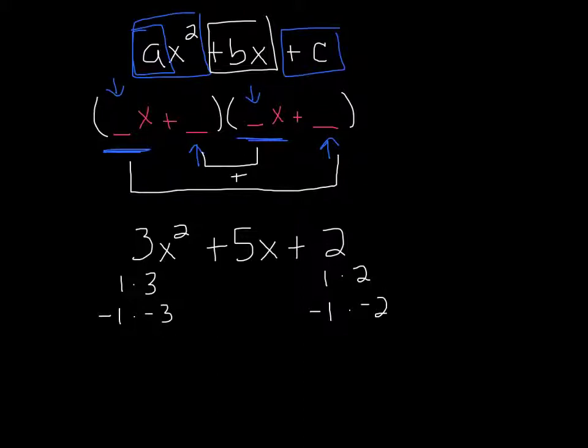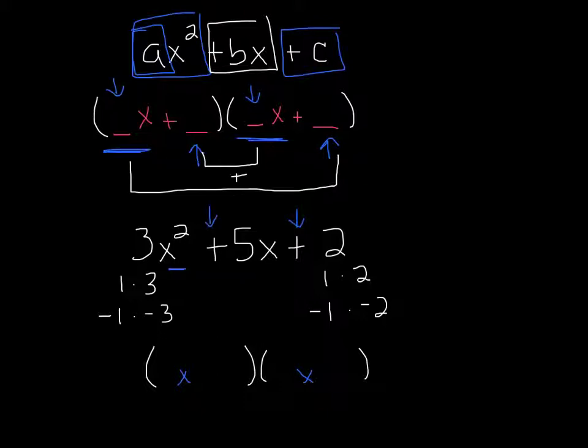Now, here's the thing. Okay, now we're going to go towards the answer. Right away you should know that the first term is going to have an x in it, so we should put our x in right away. Now here's the cool part. You know it's going to be positive, and you know that when you add these two together, it's going to be positive.